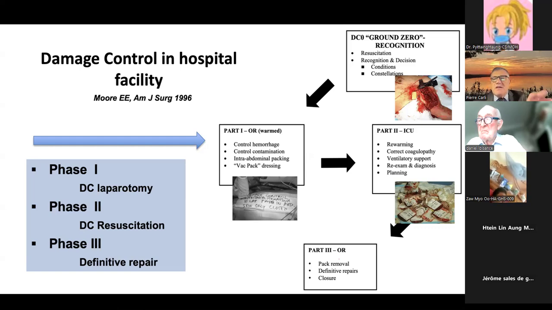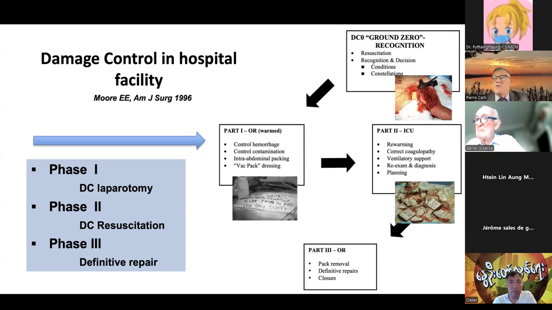So you see, in this way, there is pre-hospital care. Pre-hospital care takes you to the first surgery, the first operation. Then you take the patient to critical care. You stabilize the patient in terms of coagulation, blood losses, and so on, and the patient goes systematically again to the operating room.